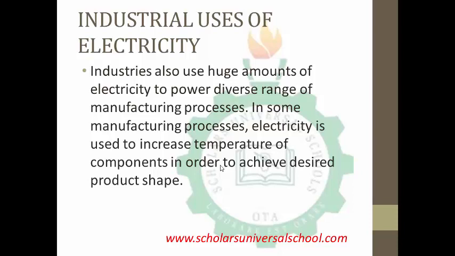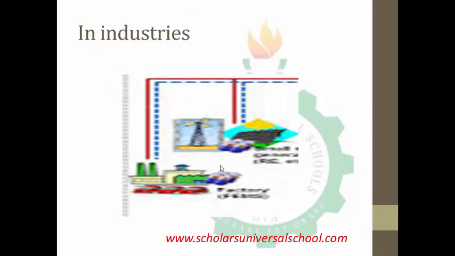In some manufacturing processes, electricity is used to increase the temperature of components in order to achieve the desired product shape. Like I said earlier, electricity is also used to power most of their machines, if not all. And we have a diagram of the industries here.